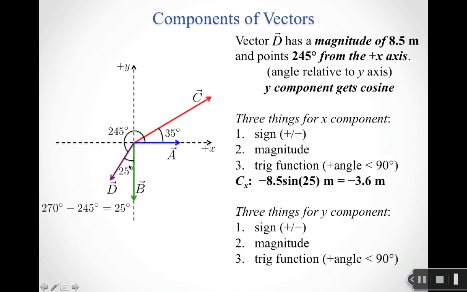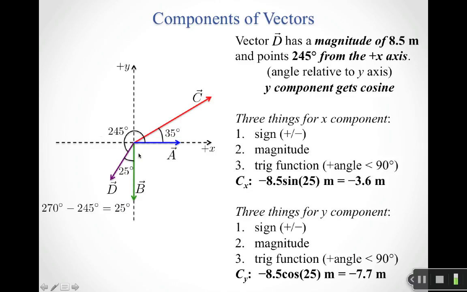So it doesn't matter which angle you pick; both of them have got to give you the same answer. The y component, same thing: it still points down, so it's still negative, still a magnitude of 8.5 meters. Now my 25-degree angle is defined relative to the y-axis, so it's got to get the cosine. And again, it gives me exactly the same value, negative 7.7 meters.